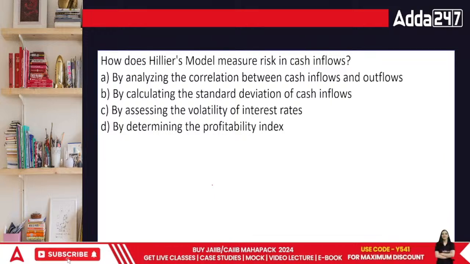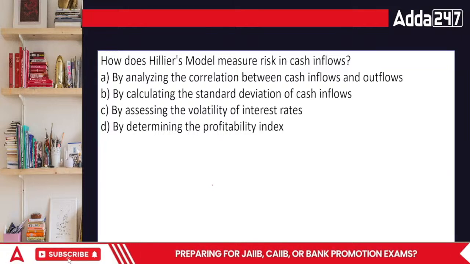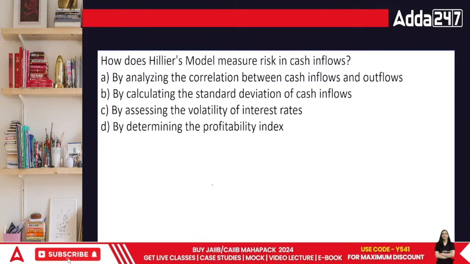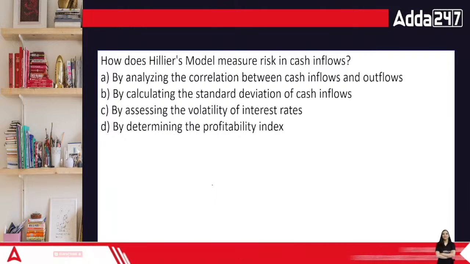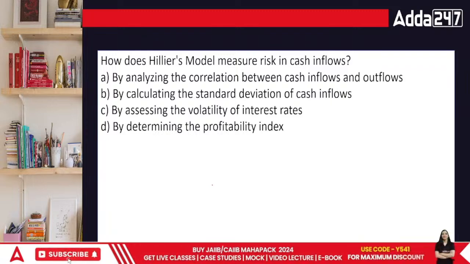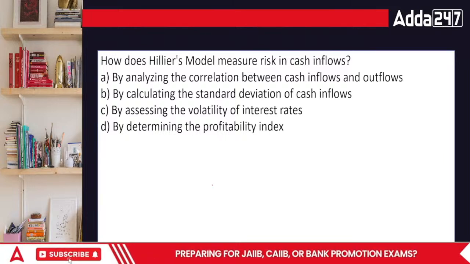The next question says, the Hillier model measures the risk in cash inflows. The Hillier model actually studies the risk in the cash inflows by analyzing the correlation between inflows and outflows, or by calculating the standard deviation, or by assessing the volatility of interest rate, or by determining the profitability index.